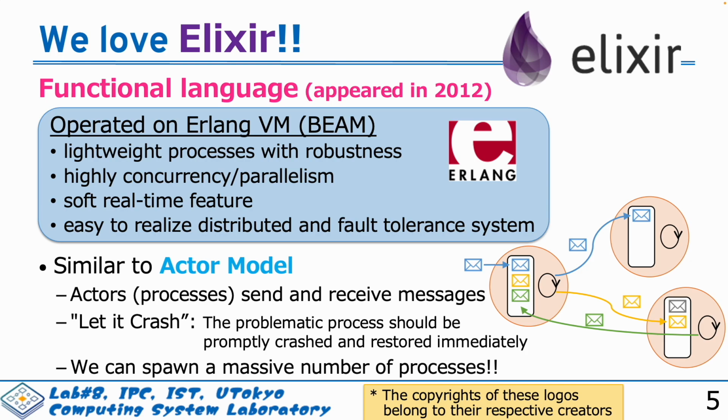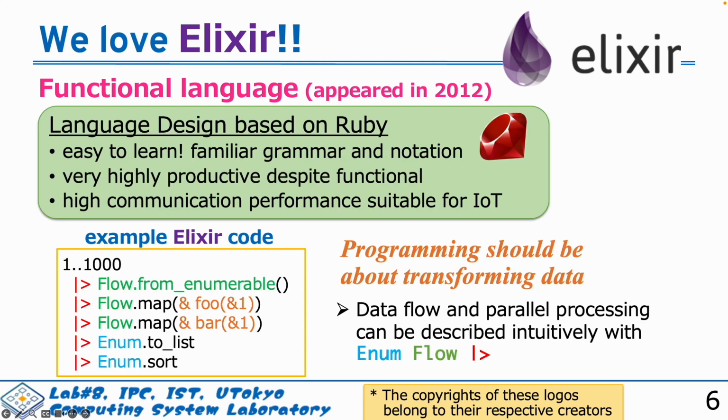Since the actors communicate only through messages, we can also realize loosely coupled systems with BEAM and Elixir. In addition to features inherited from BEAM, the notation and specification of Elixir is designed based on Ruby. So the notation of Elixir is easy to learn, and the productivity of application development becomes very high despite being functional.